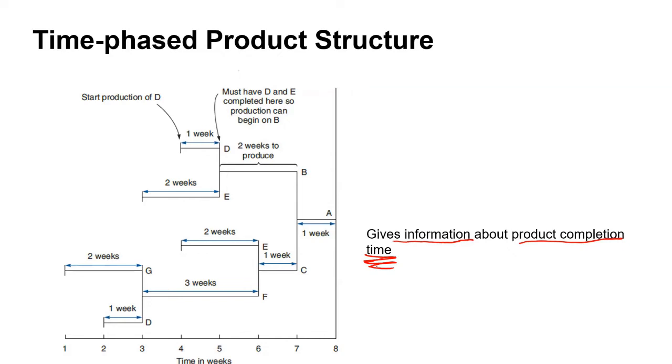So can you explain to me, Yuki, what is happening for A at time 7 here? This is time 7. This is the beginning of week 1, beginning of week 2, beginning of week 3, beginning of week 4, and so on, beginning of week 7, beginning of week 8.